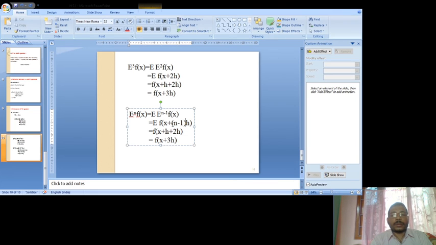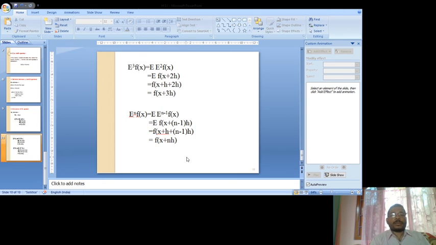So it will be n, and here the coefficient of h and the index of E are the same. So we can say E to the power n f of x is equal to f of x plus n h. In this manner we can extend the E function, and we can establish the function of E like this.